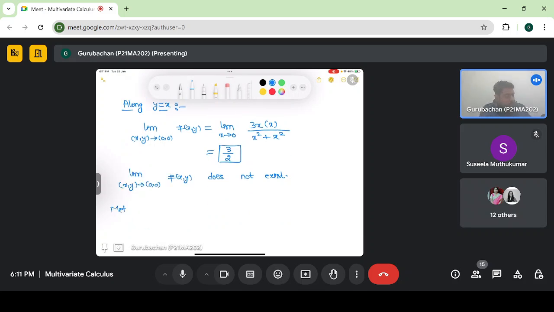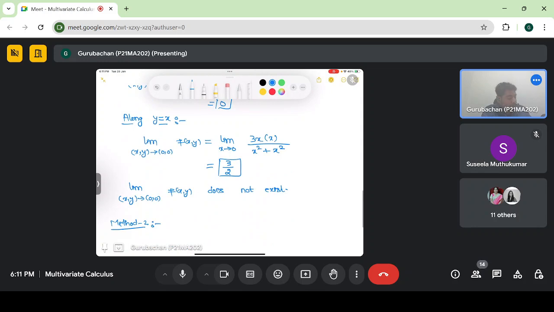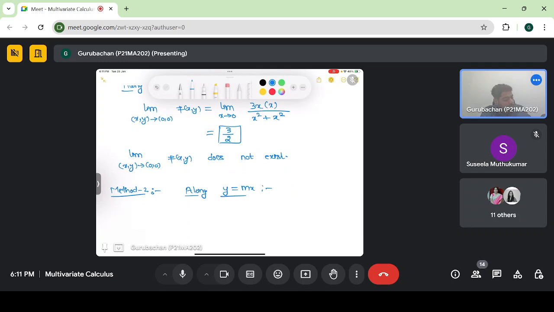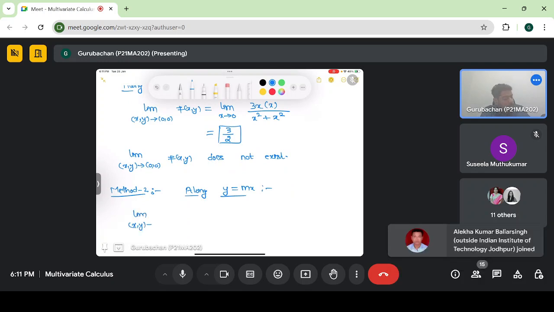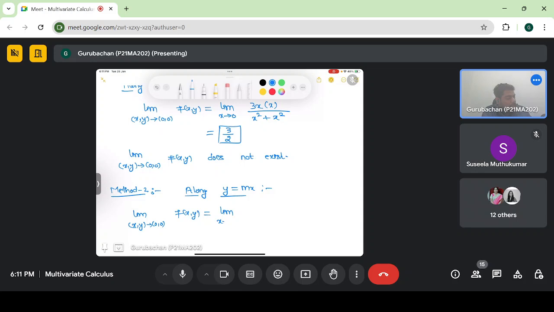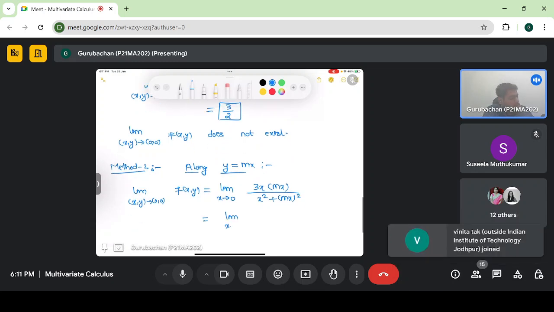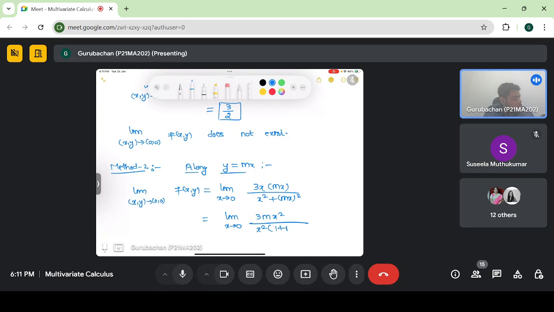There is another method. Here I have taken two different curves. In general we can also consider y equal to mx, where m is any real number. Along this, the limit as (x,y) tends to (0,0) of f(x,y) will come out to be the limit as x tends to 0 of 3x into mx divided by x square plus mx whole square, which is 3m x square divided by x square into 1 plus m square.